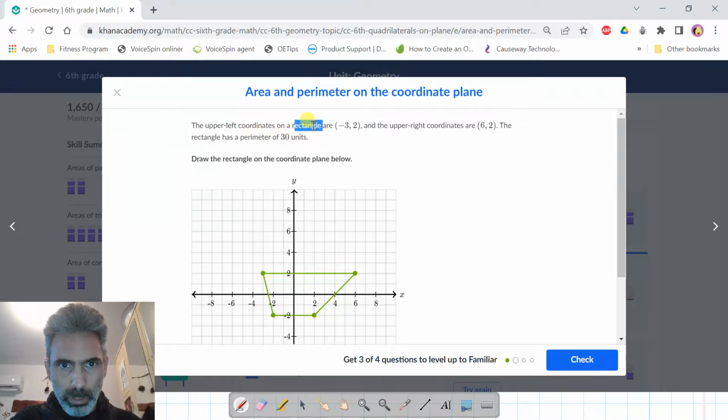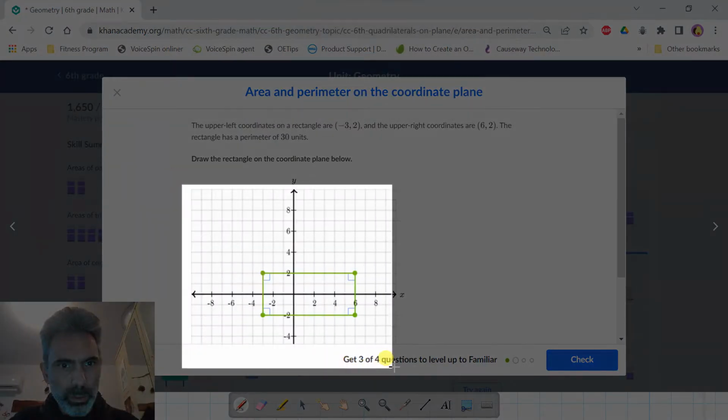And because we're talking about a rectangle, we need to have a right angle coming down from this point and this point. So the length of this side, let's see, the distance, okay, let me just copy this to the board.